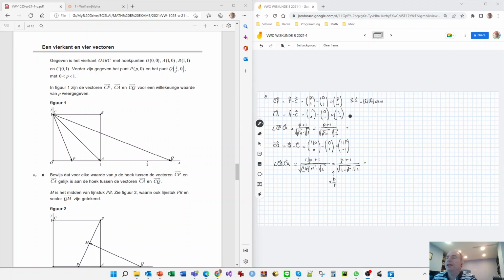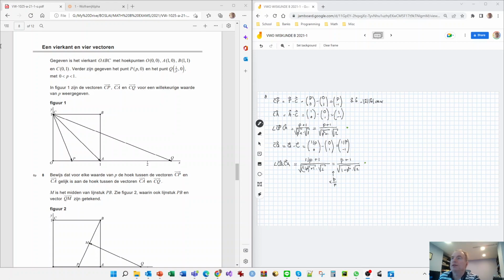Okay, question 8. We are given a square with corner vertices given here, and we have a point P and a point Q, and 3 vectors CP.